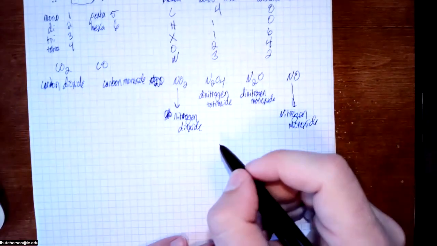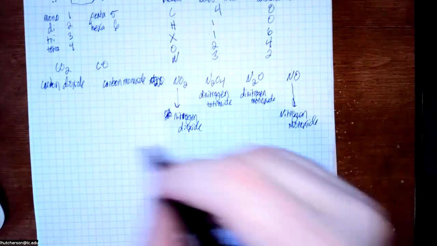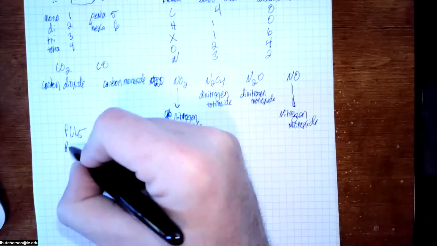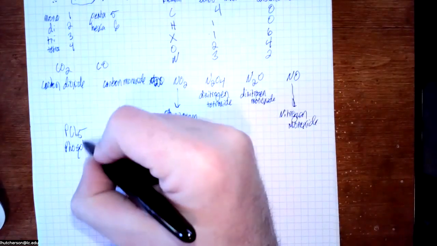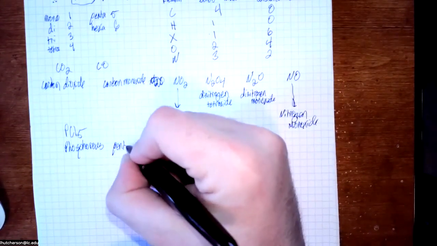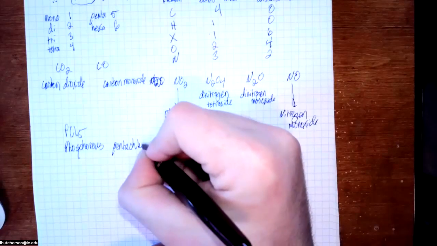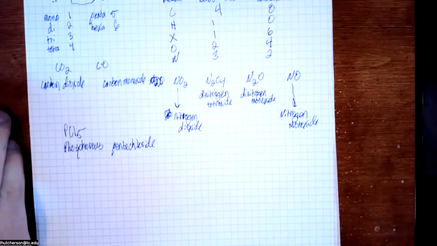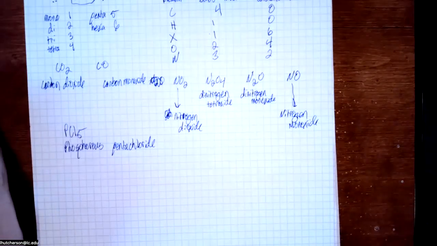Right, now, let's look at the compound, just for example, PCl5. That's going to be phosphorus pentachloride. Right. So that's how we name covalent compounds, and that's the end of section 3.4.